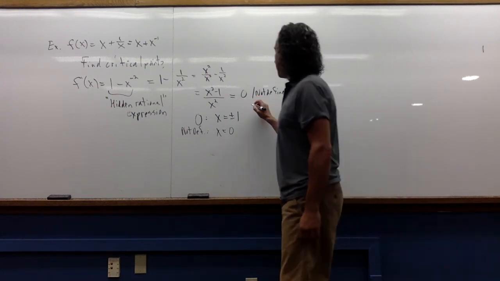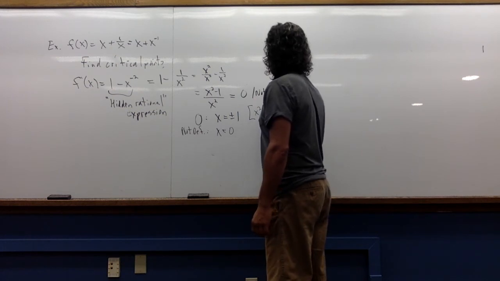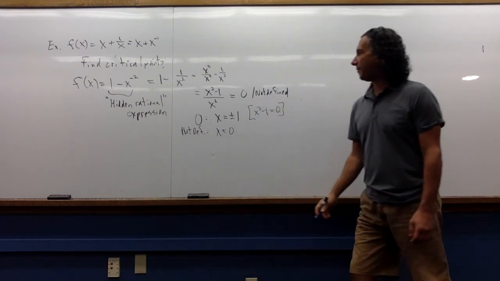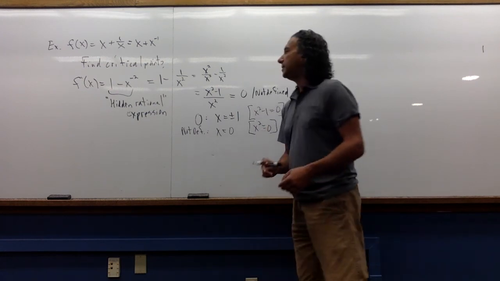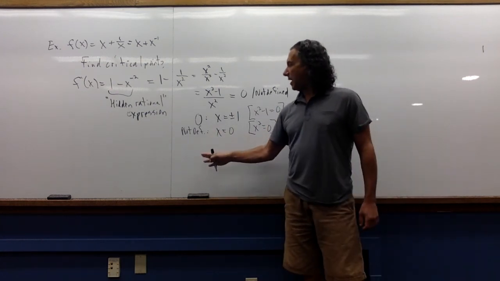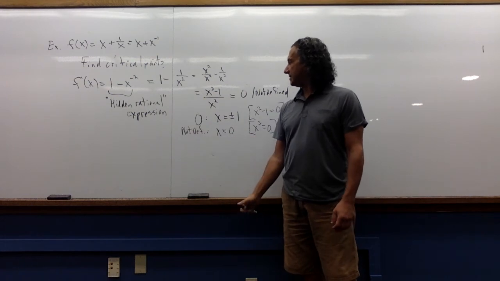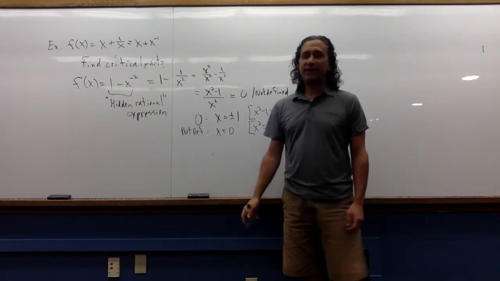So again, to get the top, I solved this equation. To get the bottom, I solved this equation. So this is where the first derivative is 0 or not defined.